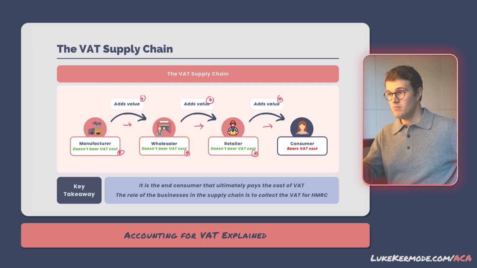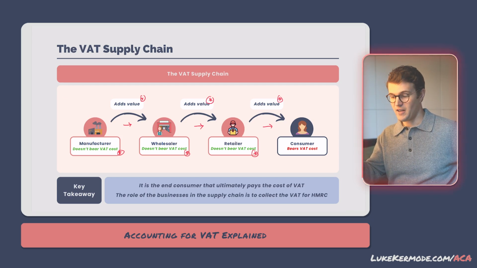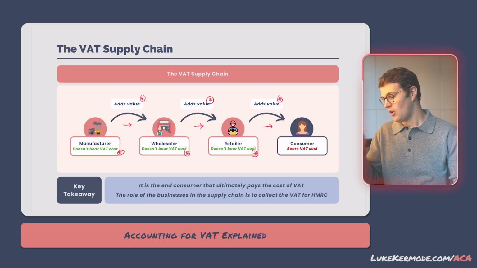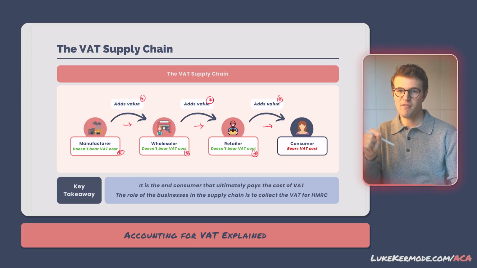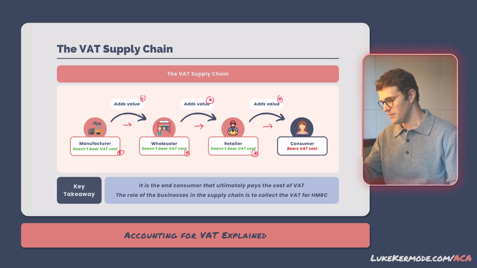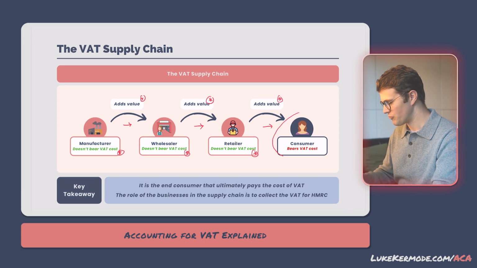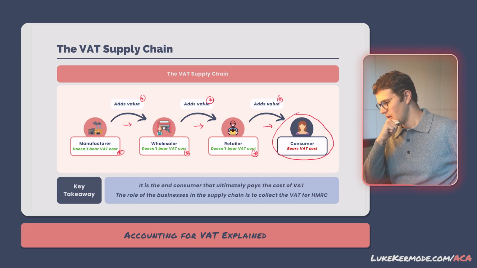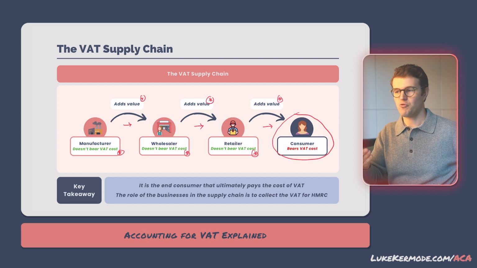They charge VAT on the price that they sell the product to the next party in the supply chain, and they may pay VAT on the purchases that they make, but because they're VAT registered, they can reclaim that VAT that they've incurred. The key point is that it's only when the product reaches the end consumer who can't reclaim VAT that the tax becomes a real cost.